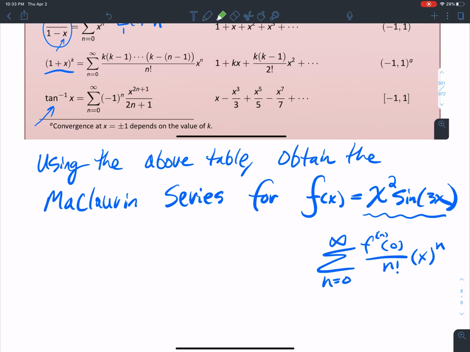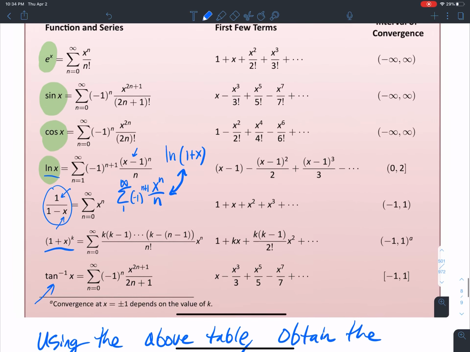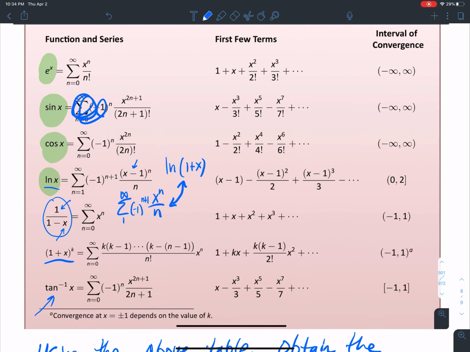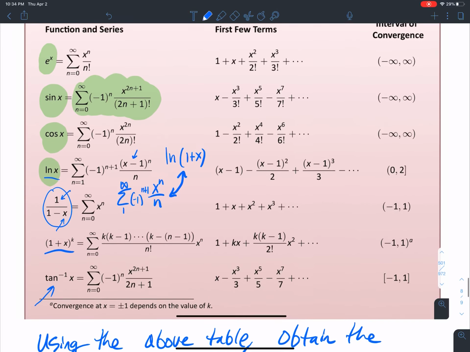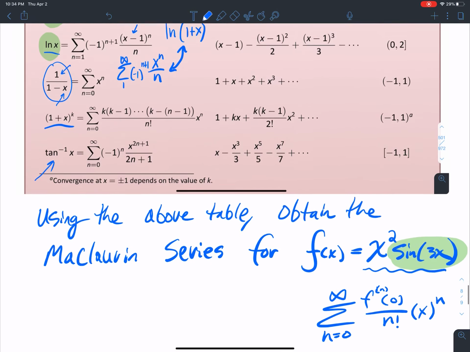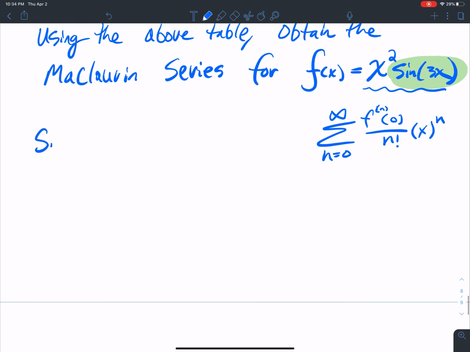What key function do I see in here? I see my sine function. So what I'm going to do is use this to my advantage. Okay, so what do I know? Sine of x is equal to what?